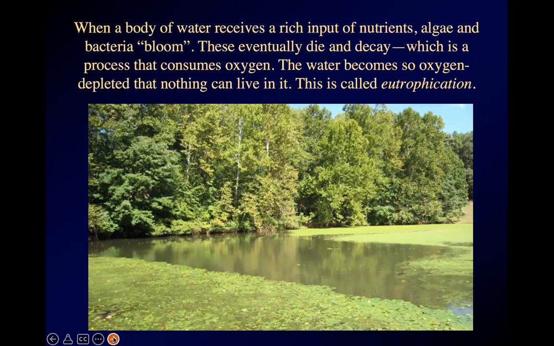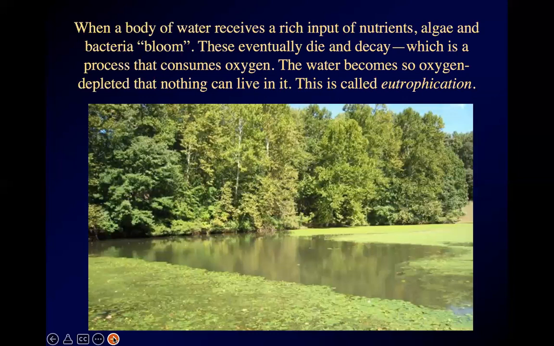The problem with this is that these algae and bacteria, they live, ultimately they die. When they die, they rot, they're decomposed, and decomposers use up oxygen. So you end up with a lake or a pond that's got lots and lots of photosynthetic life up on the surface.